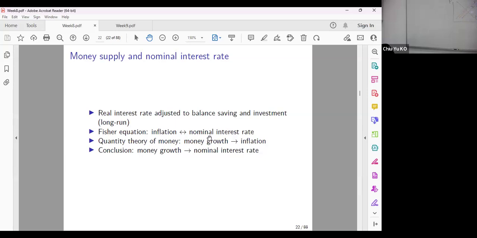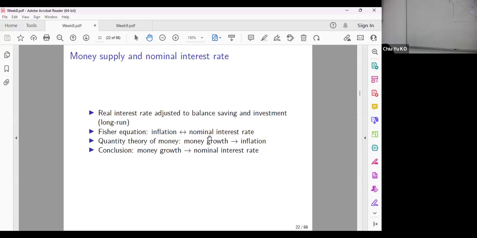And the Fisher equation would say inflation is related to the nominal interest rate, because i is equal to r plus pi e. The quantity of money, say money growth, is related to inflation, okay? So combining this logic, we say money growth leads to inflation, which leads to the interest rate, right? So this leads to this and this leads to this.